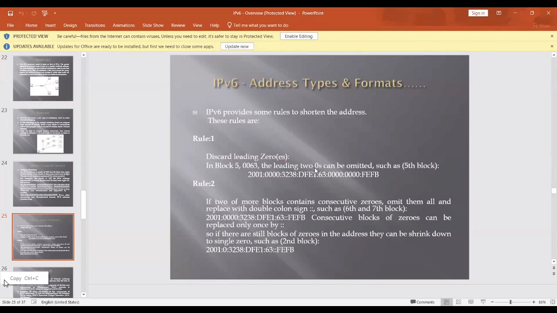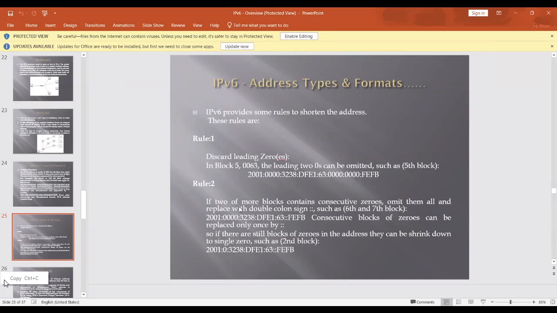So the leading two zeros can be omitted, such as in the fifth block. Then we can write it like 2001 colon 0003 colon 238 DF E1, and omitting the leading zeros, we can write 63 and 0000, right?